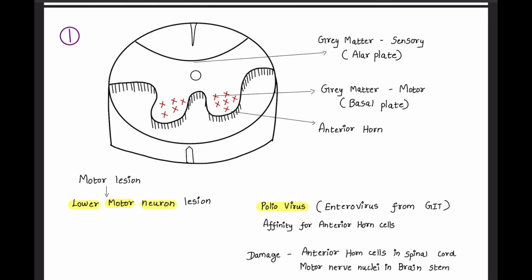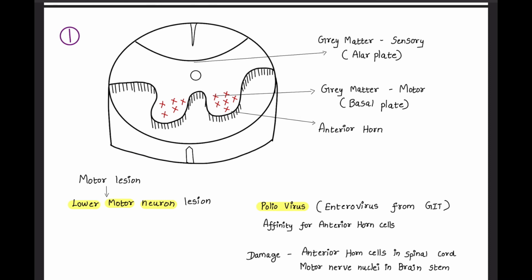In the first case, there is a lesion in the anterior horn of the spinal cord. If you have reviewed my ascending tract of spinal cord video lecture and the lecture notes, you would have known the parts of the spinal cord.